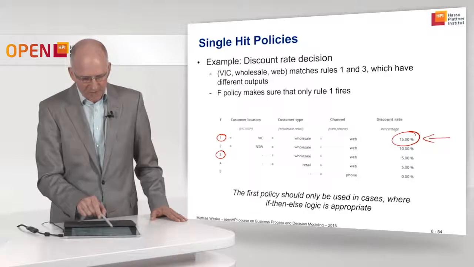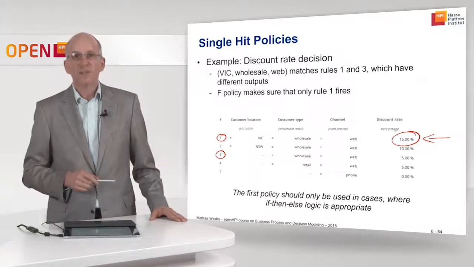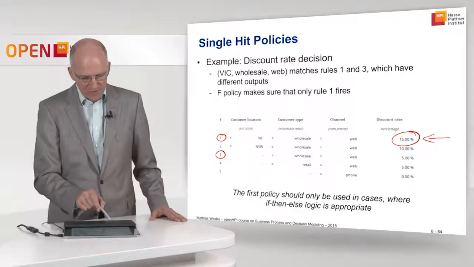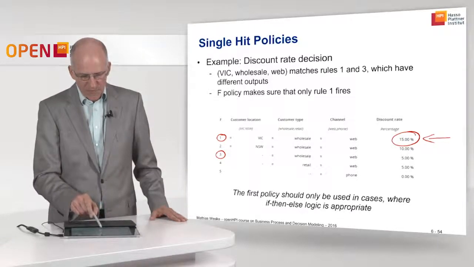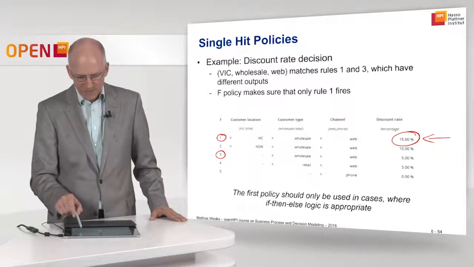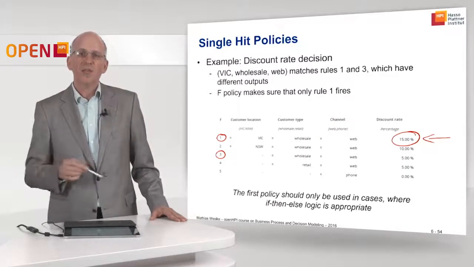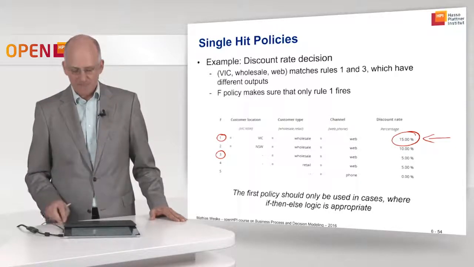So if customer location equals Victoria and customer type equals wholesale and channel equals web, then discount rate equals 15%. Else, if customer location equals New South Wales and customer type equals wholesale and channel equals web, then return 10%. Else, and so forth. So you see this if-then-else logic is really how the first single hit policy is evaluated.